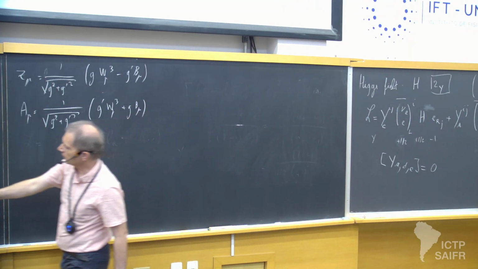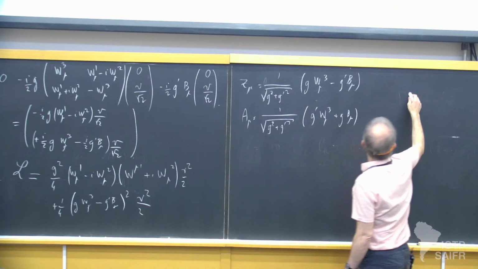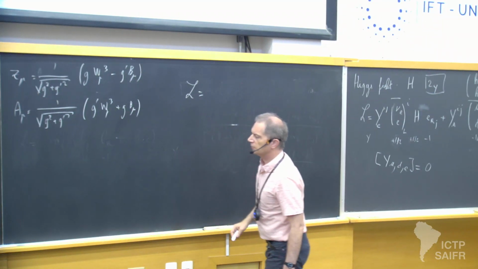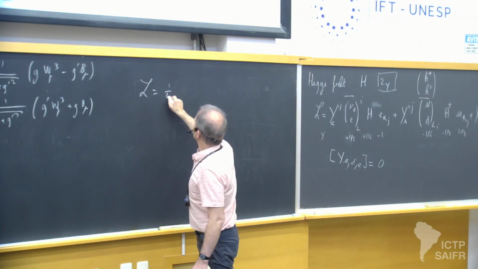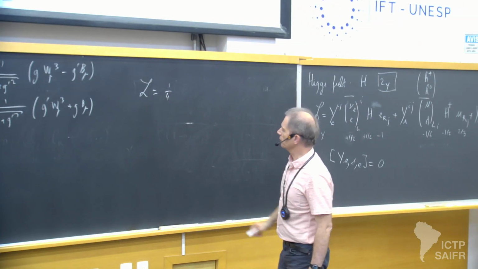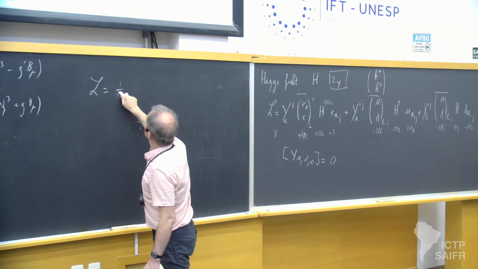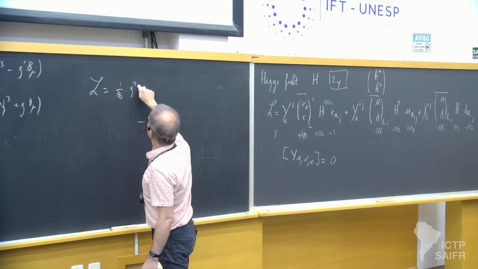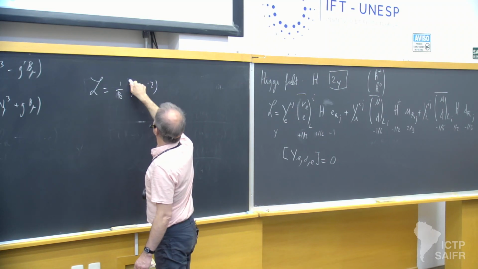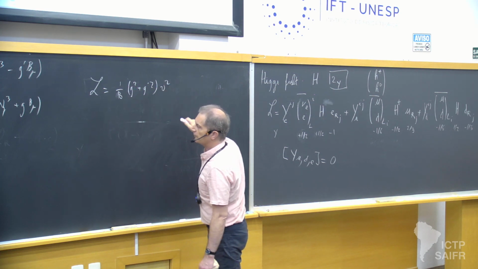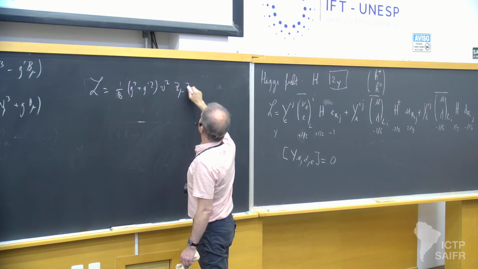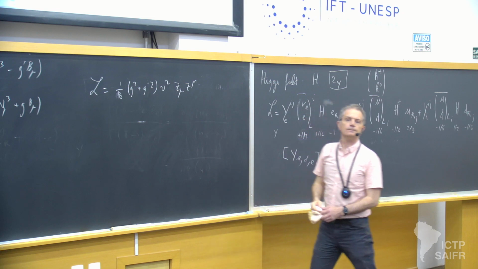And here you see directly that the Lagrangian now will contain a piece which is what? 1/4, 1/8, sorry. 1/8 G squared plus G prime squared, V squared times Z mu Z mu. Right?